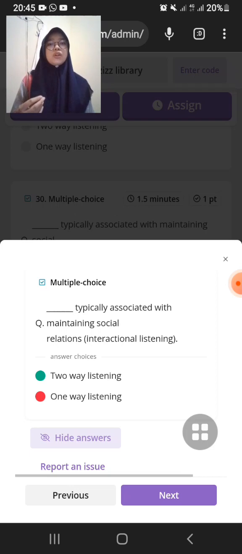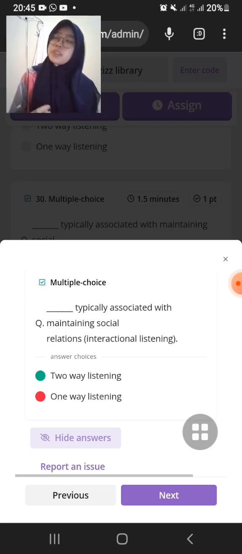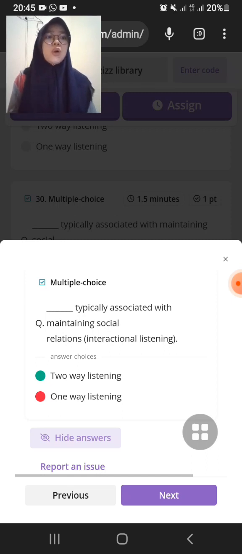In two-way listening, meaning is perceived, inferred and predicted, synthesized, negotiated, and co-constructed with interlocutors.